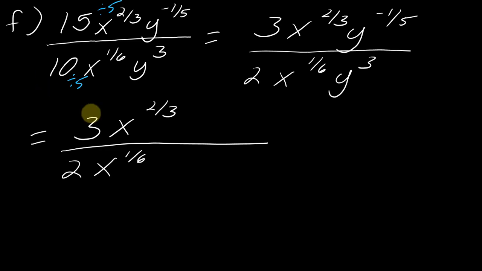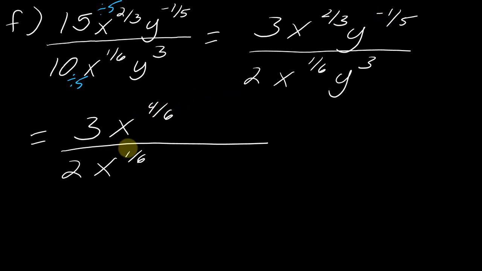Rather than writing x to the 2/3, I'm going to write this as an equivalent denominator with 1/6 so that I can figure out what to do with these two exponents. So I'm going to multiply the top and bottom by 2, so this becomes 4 over 12. So 2/3 equals 4, not 12, 6, sorry. 2/3 equals 4/6.